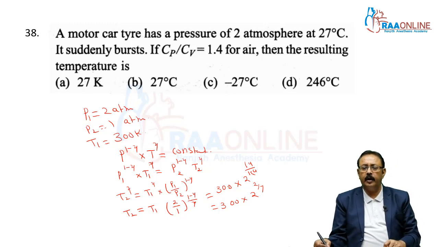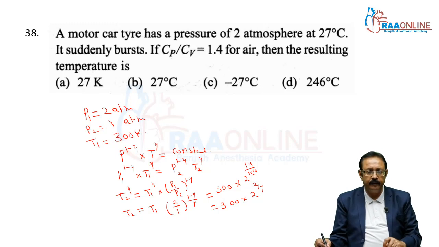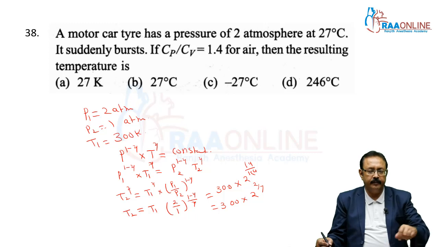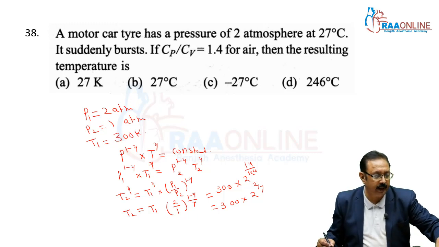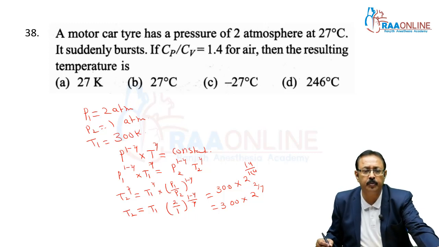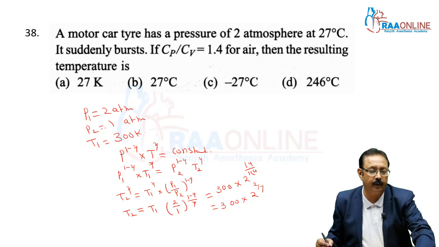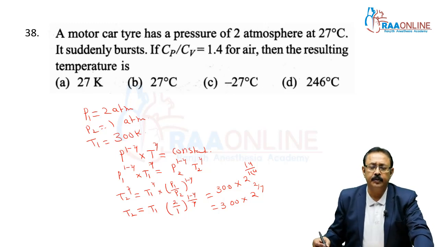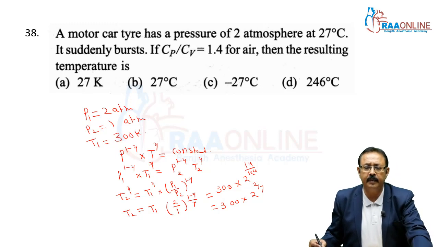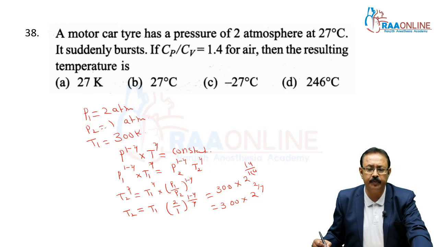Only approximate calculation is possible, we will get 4 raised to the power 1 by 7. Because this number is less than 1, it will reduce, nearly it will come to 246 Kelvin.